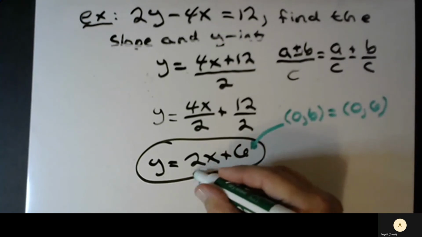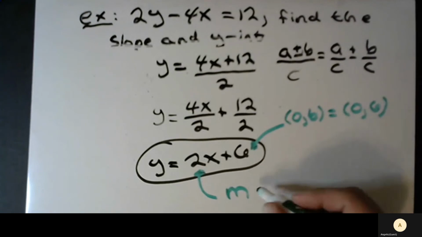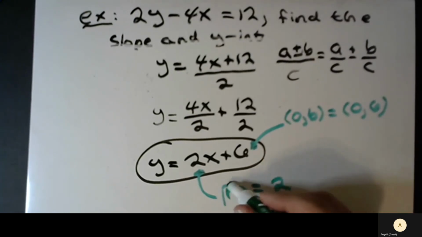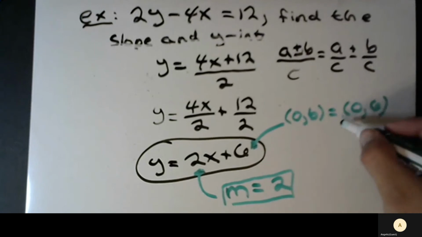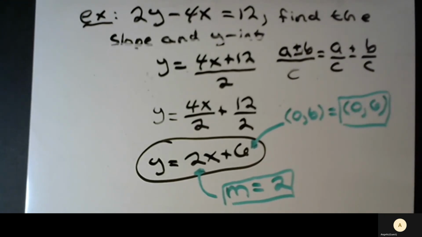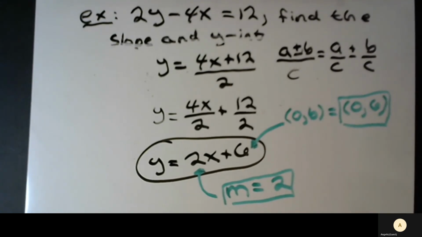And then the number in front of x, that's the slope m. And in this case, it's equal to 2. And so our slope m is 2, and our y-intercept is (0, 6). So any questions about that?